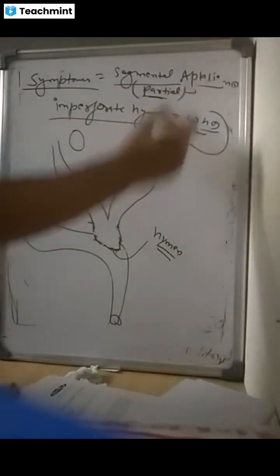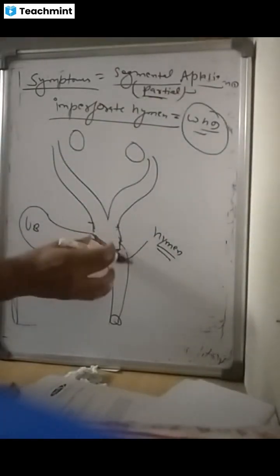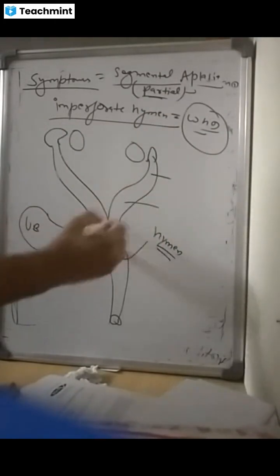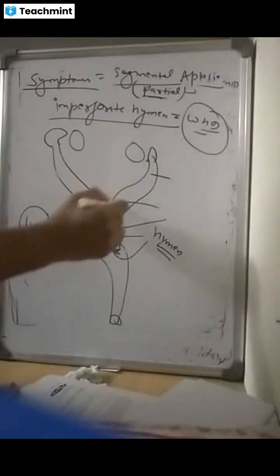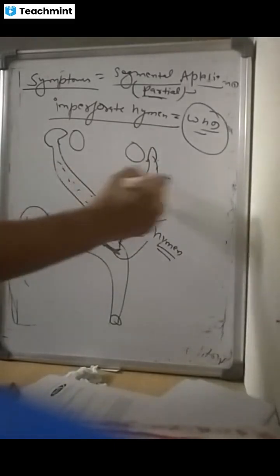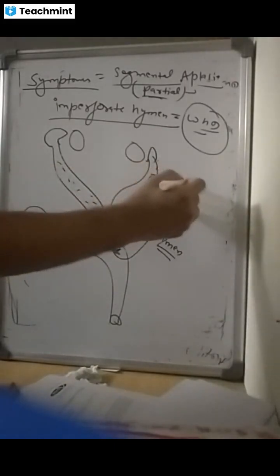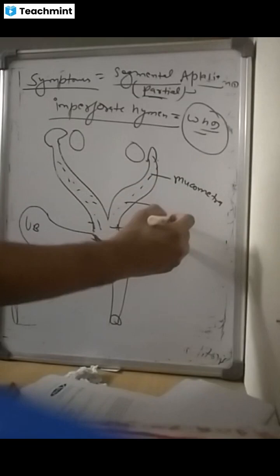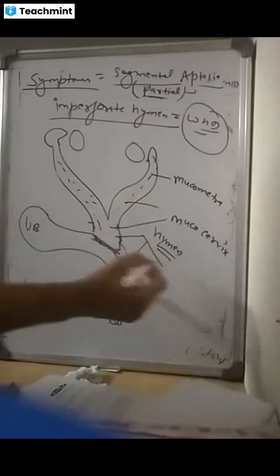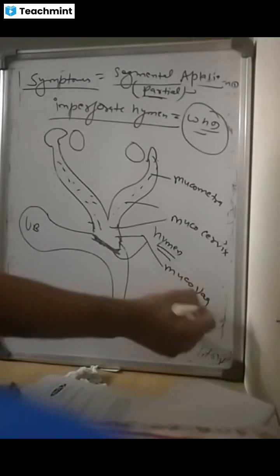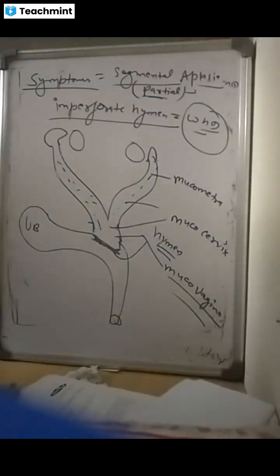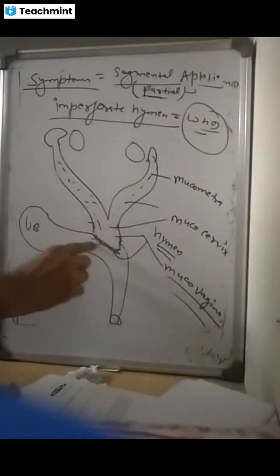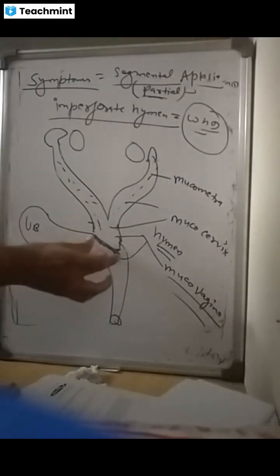In case of white heifer disease, if the hymen is imperforate, then because of accumulation of secretions, the uterus may fill with mucus, giving mucometra, mucocervix, and mucus in the vagina. These occur because the hymen is intact.